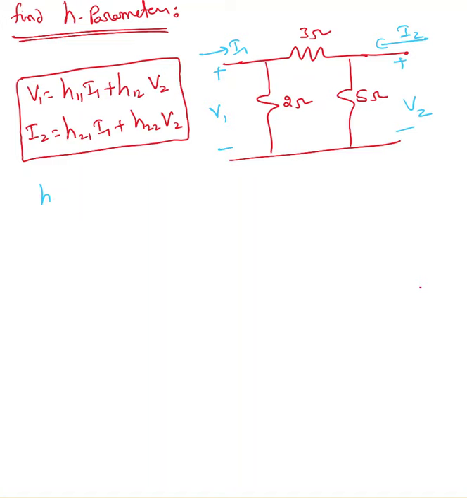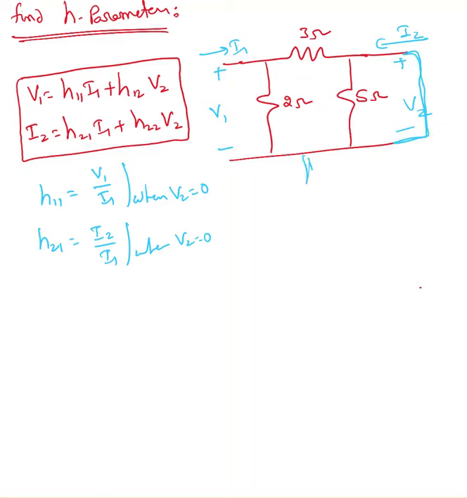Now what is h11? Basically you can find h11 and h21 both by using the same circuit. h11 equals v1 over i1 when v2 equals 0, and h21 equals i2 over i1 when v2 equals 0. In both cases v2 equals 0, which means we have to short circuit the output.